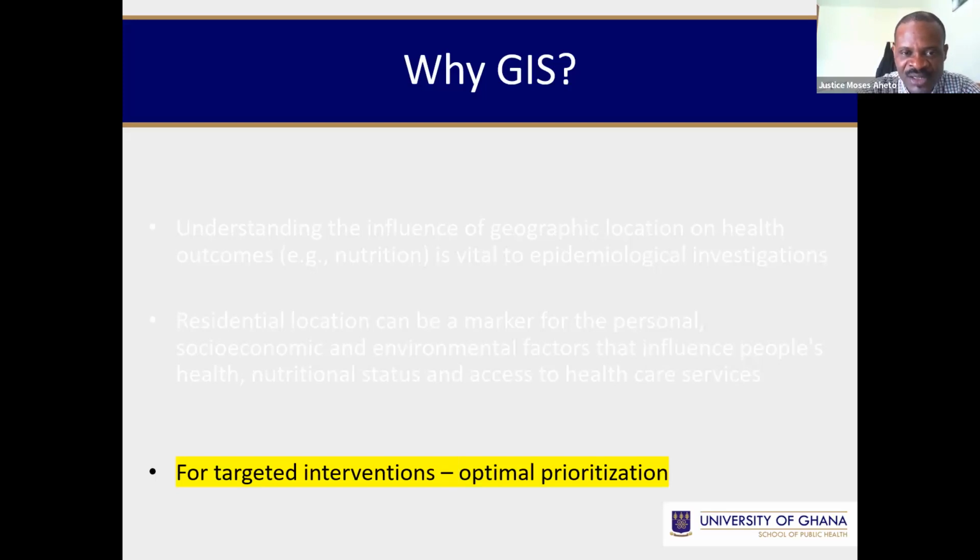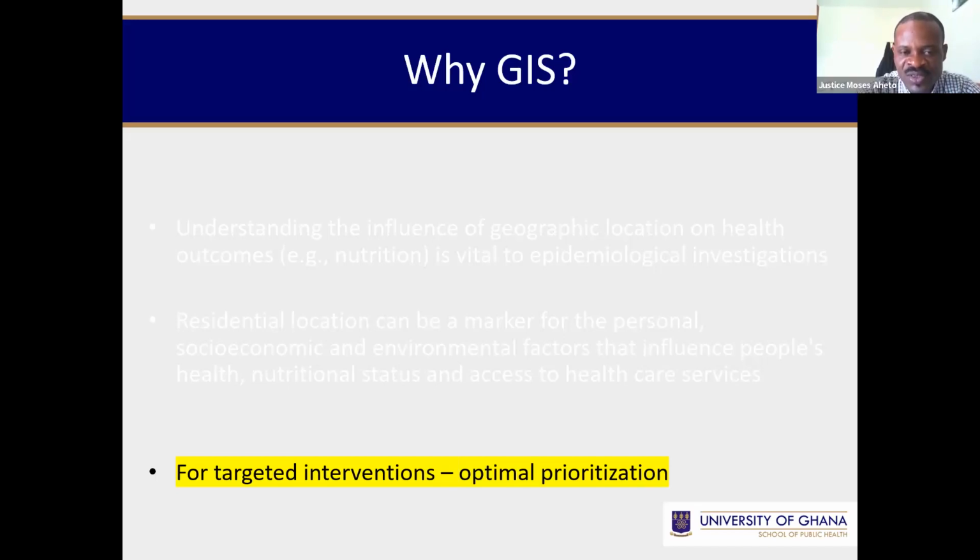So what it means is that geographic information system combined with statistical modeling approaches can help you to quantify the amount of spatial variability in under 5 malaria prevalence across the entire country, so that the little resource you have, you can use it to target areas where the risk of a child under 5 becoming positive to malaria is very high, so that those ones can be attended to while you wait to get resources to expand to areas where the risk is not too high at the time you were considering.